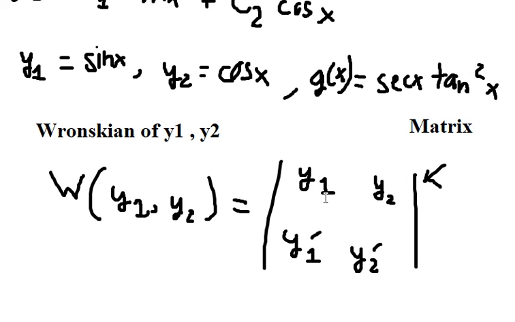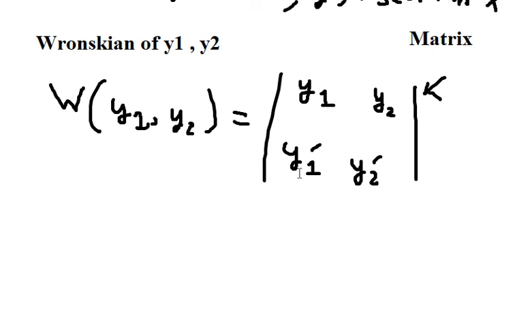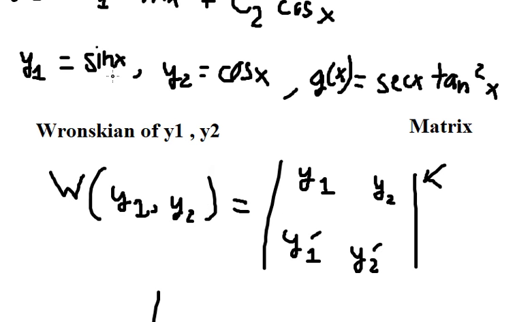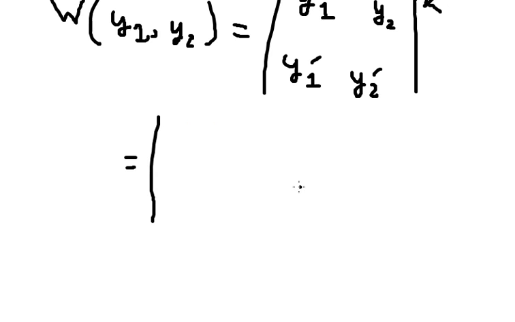And we know that y1 is sine x, y2 is cosine x. So the first derivative of y1 is cosine x. The first derivative of y2 is negative sine x.